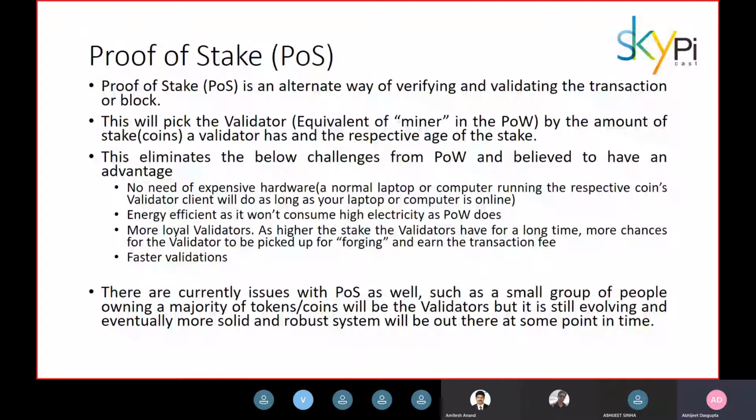If you move your coins from one address or wallet to another, the age gets reset and obviously your stake lessens.